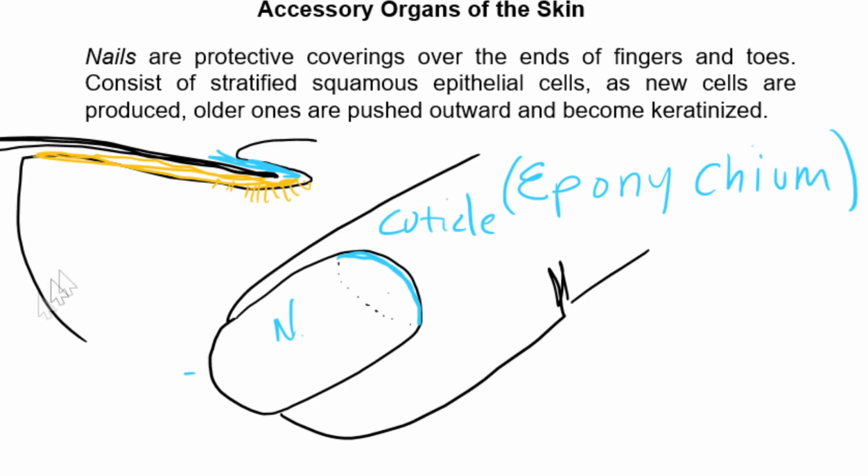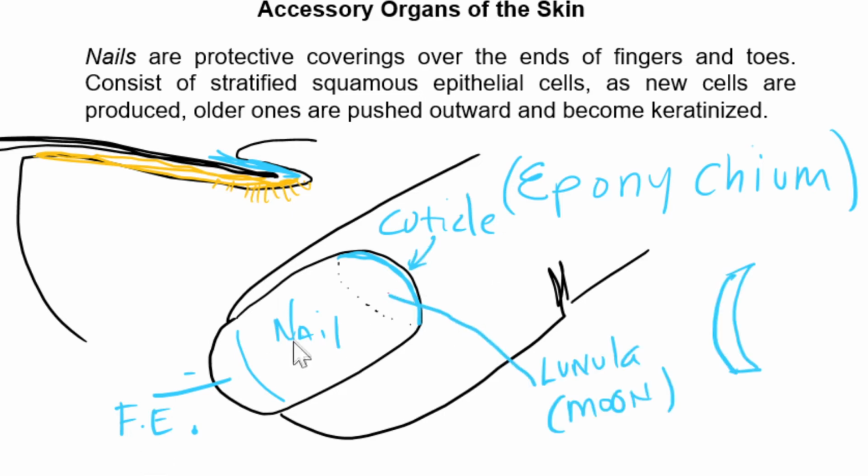Underneath it, of course, are the strata we were talking about. Now on the top of the nail, we have this area here. This is called the free edge. This is called the nail. This is called the lunula. So there's the four parts of the nail. As they're pushed out, of course, they become keratinized, and that's where we go from there.